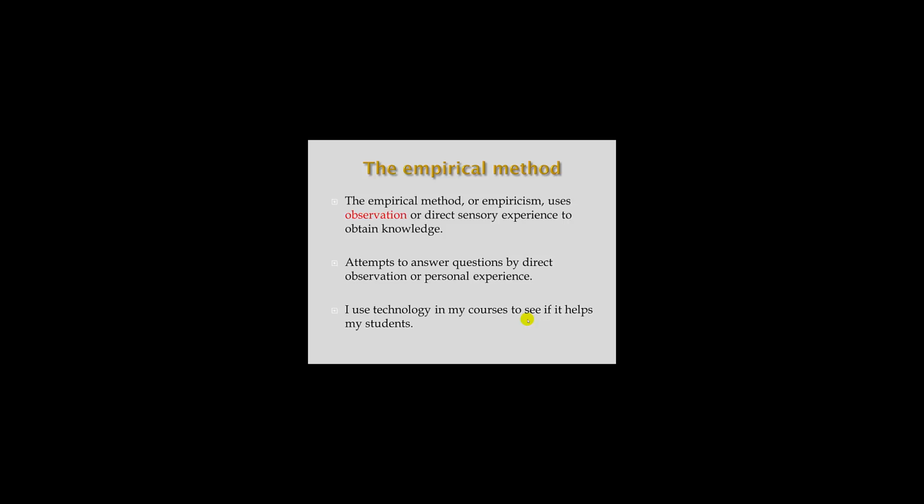The other method is the empirical method. The empirical method is the method of observation. We observe something and we make conclusions. For example, I use technology in my courses to see if it helps my students.